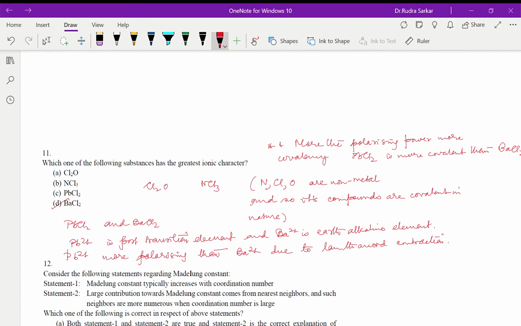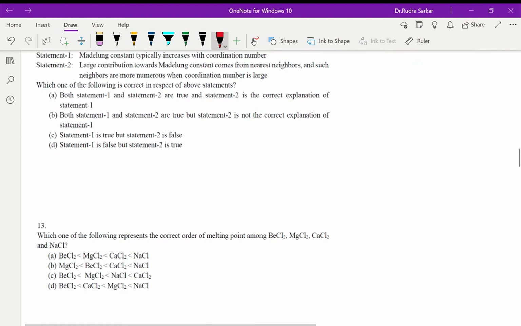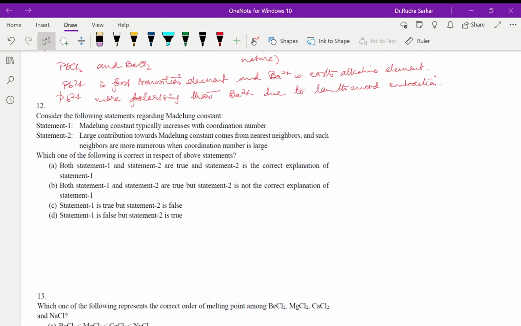Question number 12 is given over here. Consider the following statements of Madelung constant. Madelung constant typically increases with coordination number. That is a true statement. Large contribution towards Madelung constant comes from the nearest neighbors.